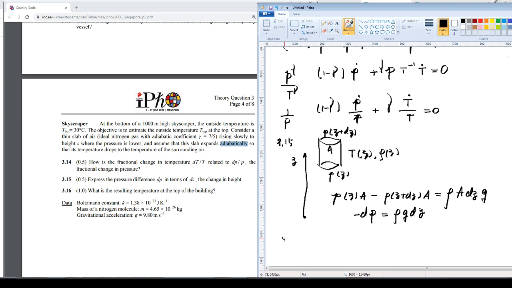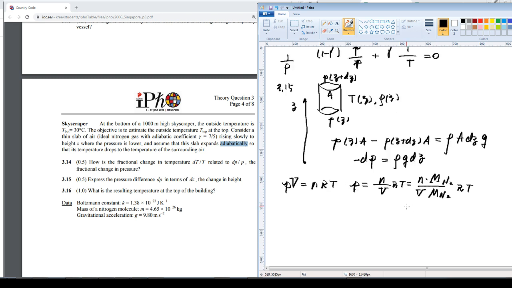Okay, and on the other hand, we know we still have the ideal gas law. PV equals nRT. So P is equal to n over V RT. And then if we multiply by the molar mass of nitrogen, 28, okay? This is a standard relationship.